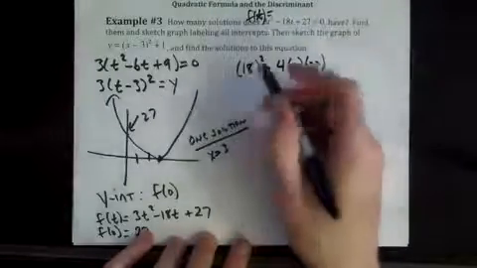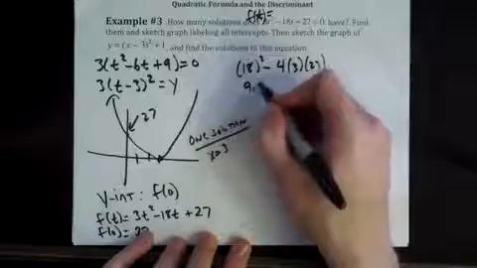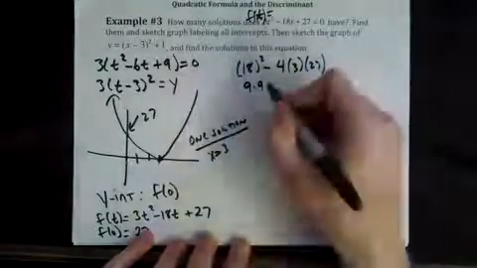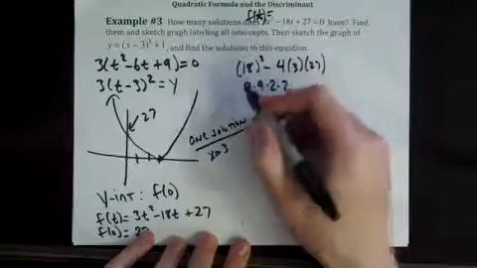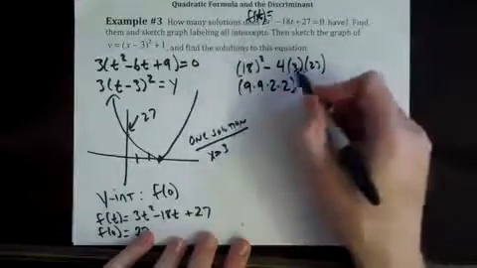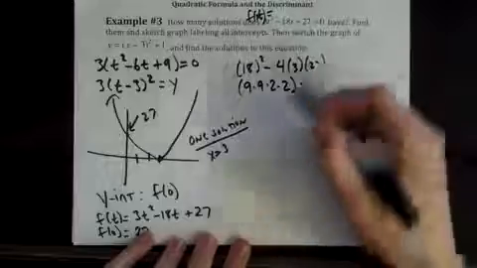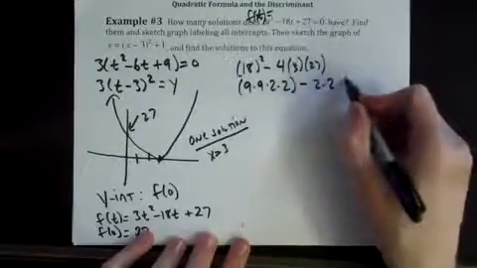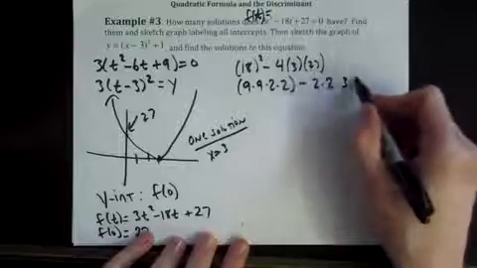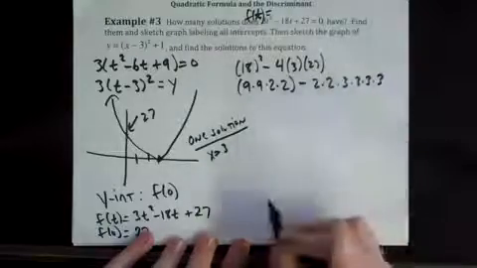Now 18 squared, 18 is 9 times 2. Square it, you get 9 times 9 times 2 times 2. Minus, I'm trying to do this without a calculator. If I had a calculator, you'd see that this is 0. 4 is 2 times 2. 3 is by itself. And 27 is 3 times 3 times 3.